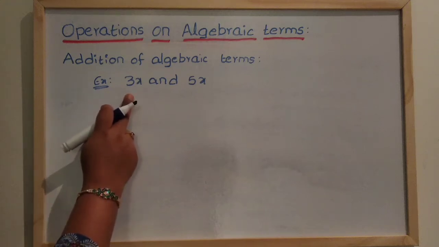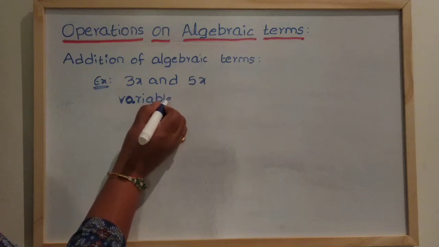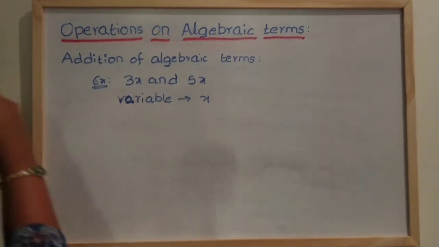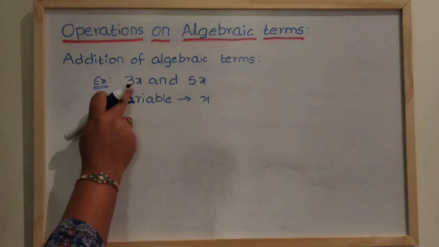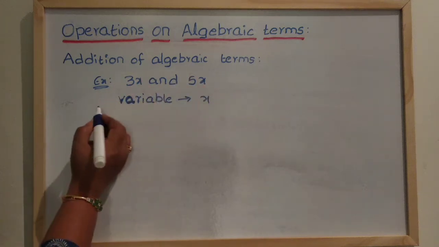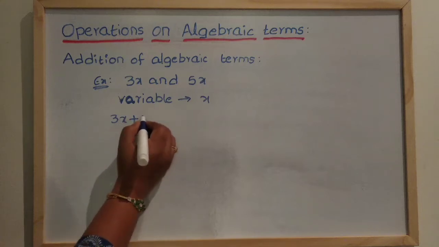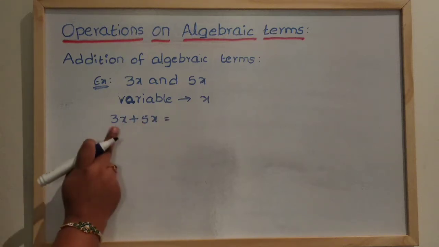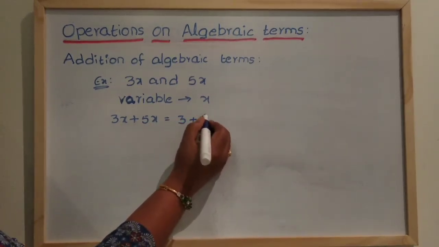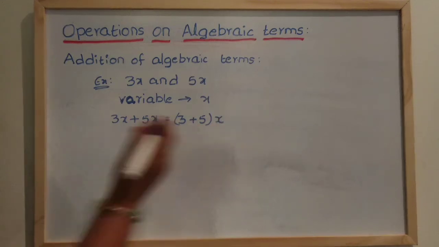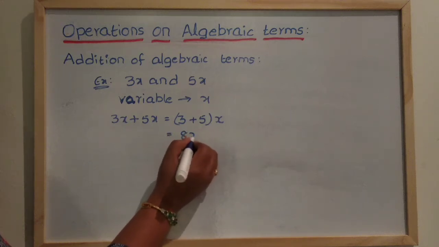In both the cases, variable is x. In this case, numerical coefficients of both the terms are added. That is 3x plus 5x is equal to numerical coefficient of 3x is 3 and numerical coefficient of 5x is 5. Both are added and the variable remains the same. That is equal to 8x.